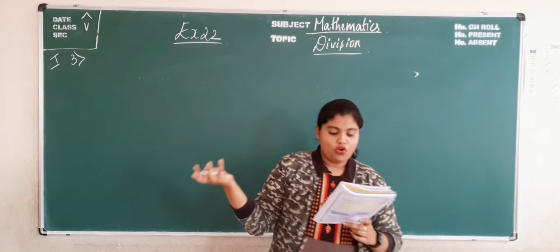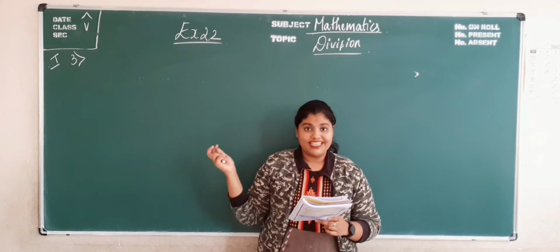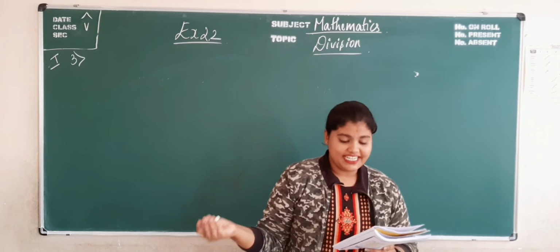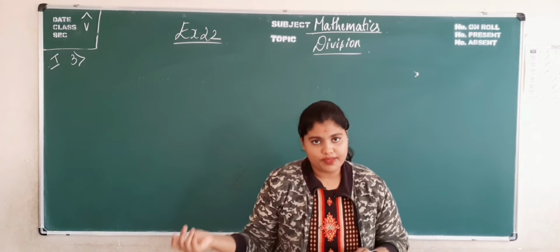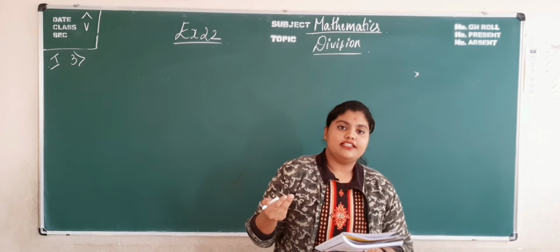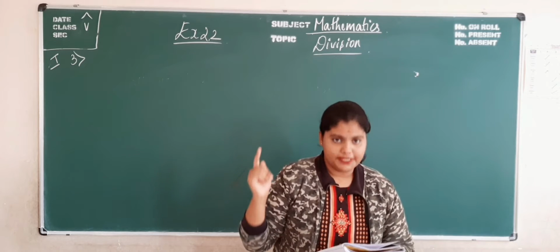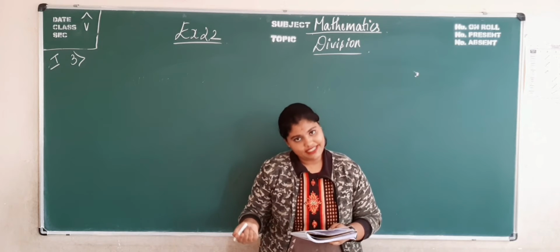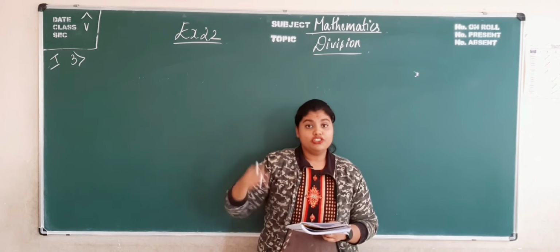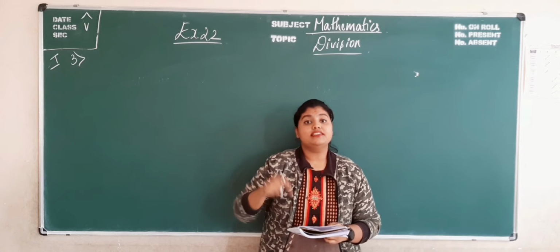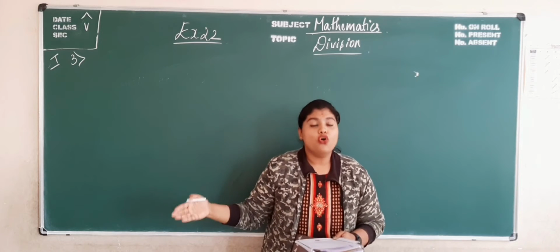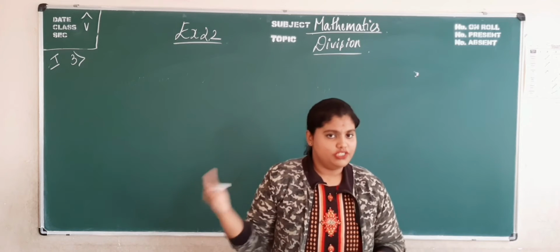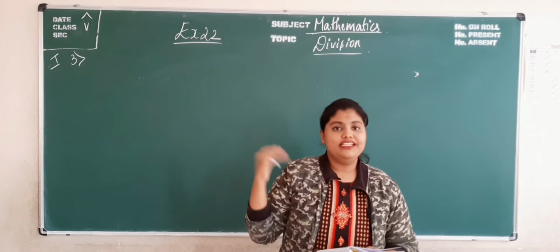What amount does each one get? We have to find out her monthly income, and then distribute her 30 days income among 4 kids equally. So we'll see how to do it.